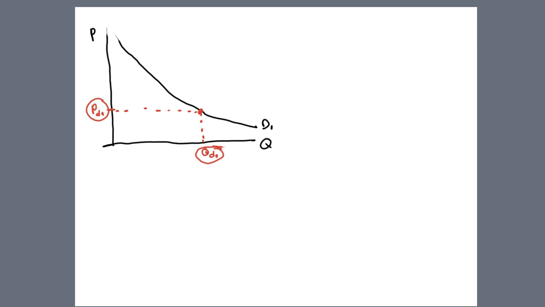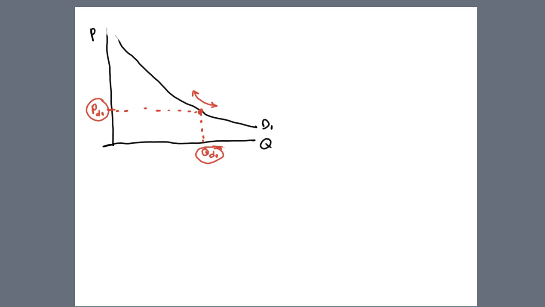Remember that any change that begins with a change in price is a movement along the demand curve. Any change for which the catalyst is a change in price describes a movement along the demand curve.